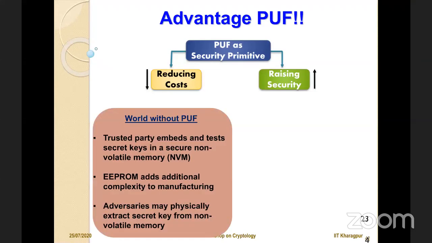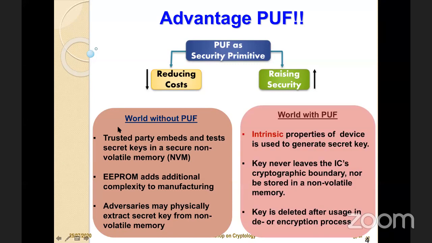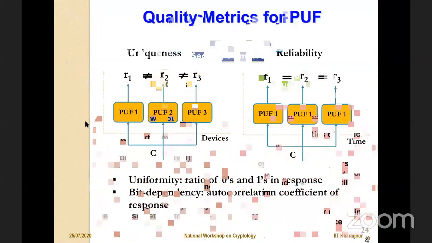In a world without PUF, you need to store the key maybe in a non-volatile memory, and that opens up several opportunities for side-channel attacks and so on. On the other hand, in a PUF, there is no key. The device itself works as the key. And the key never really leaves the IC. It is inside the IC, and virtually after the encryption process, it is not there. So it is kind of deleted from the environment.